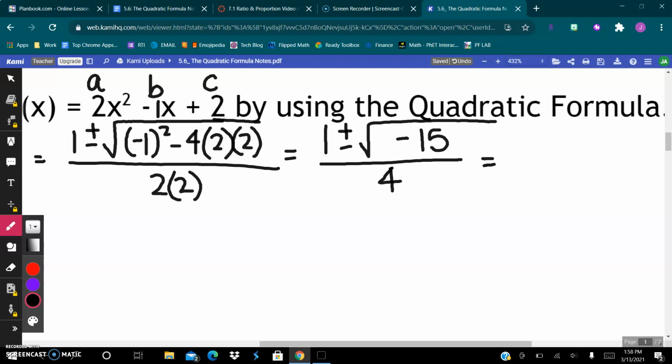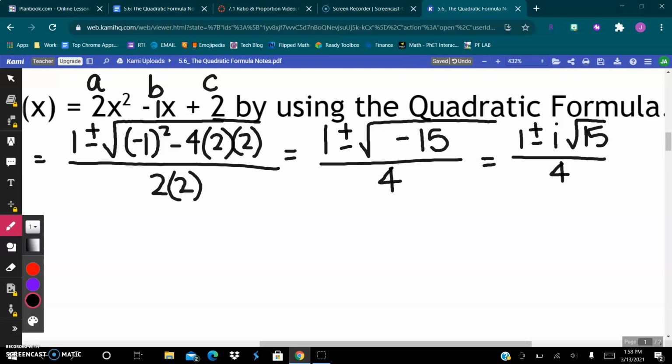That's an imaginary number. So we can do 1 plus or minus, we're going to take that negative out, it's like a negative 1. The square root of negative 1 is i, and then the square root of 15. 15 breaks up into 5 and 3 or 15 and 1, but nothing that I can take the square root of, so we're going to leave it as the square root of 15. And then we have 4 at the bottom.